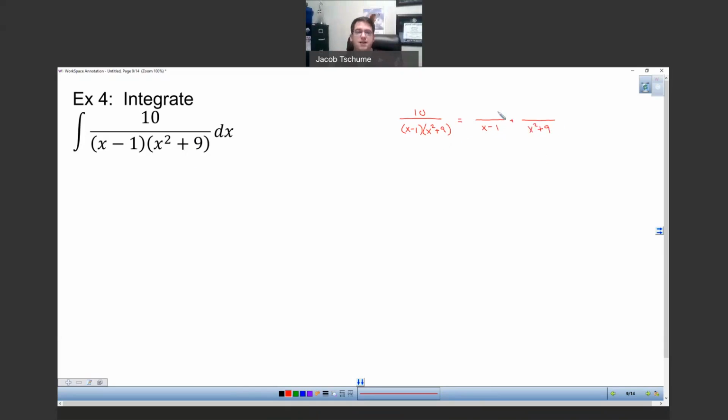But keep in mind, since the first fraction is linear, it just gets a constant on top. But since the second fraction is an irreducible quadratic, you've got to put a linear factor on top. So I would have to express that as bx plus c. That's the big difference here.